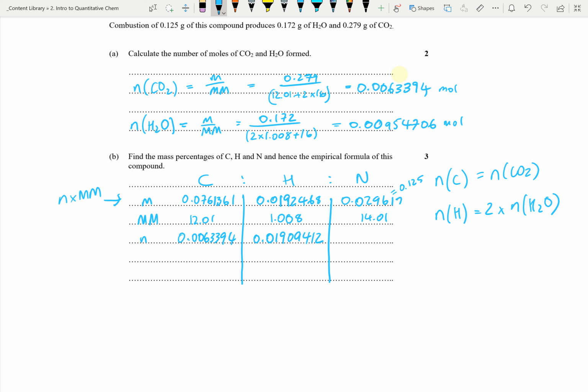That gives me 0.02967. Divide that by 14.01 and that gives me 0.0021139.